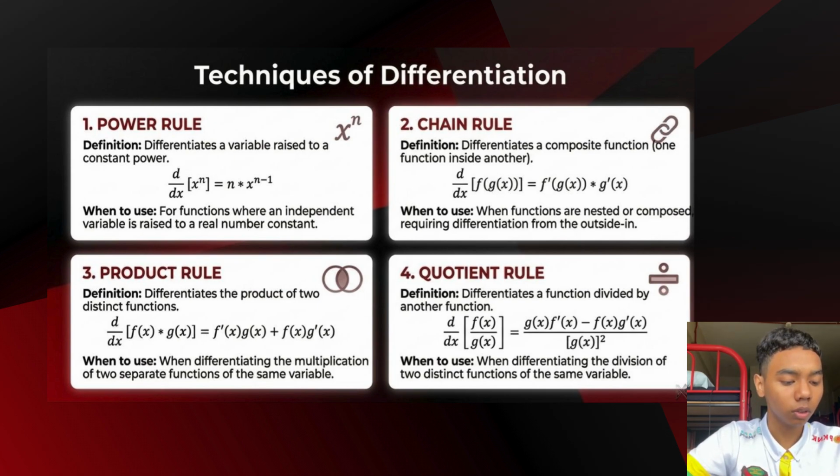If f of x equals u of x multiplied by v of x, where u of x and v of x are differentiable at x, then f prime of x equals u of x v prime of x plus v of x u prime of x, or we can use dy over dx equals u v prime plus v u prime. So that's for the product rule.